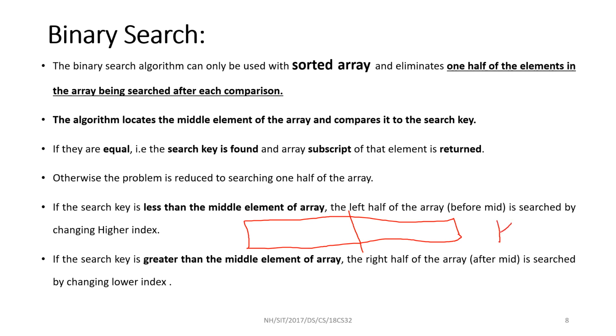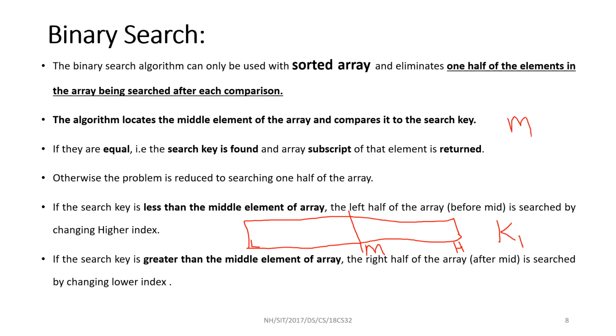Suppose K1 is my key element and the mid element is M. This is the lower bound. This is the higher bound, higher index I can say. L plus H by 2 is the mid value. I'm going to compare M and K1.